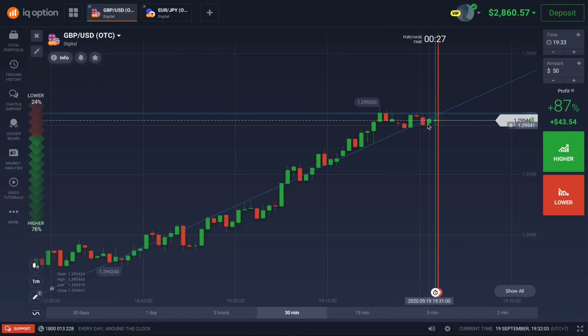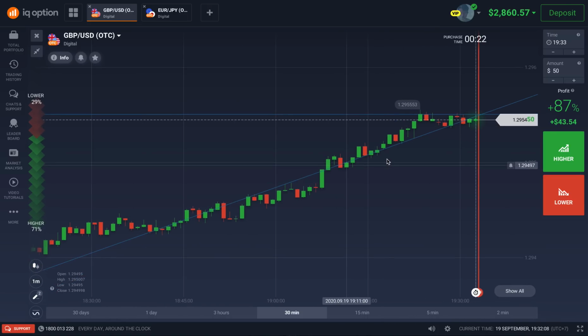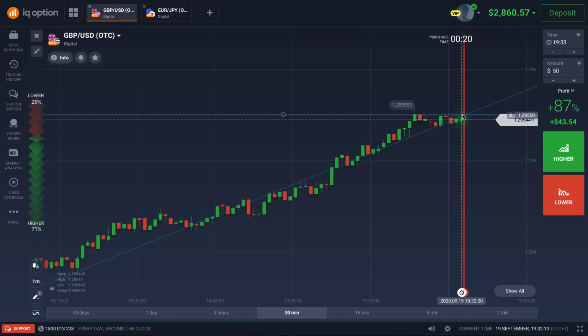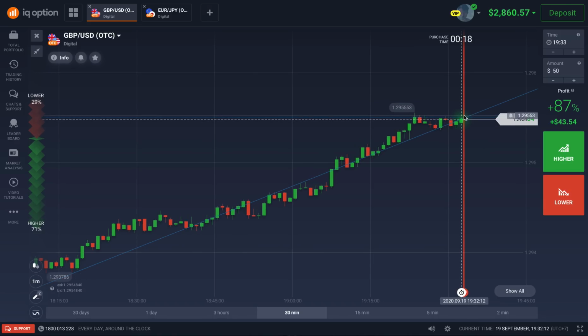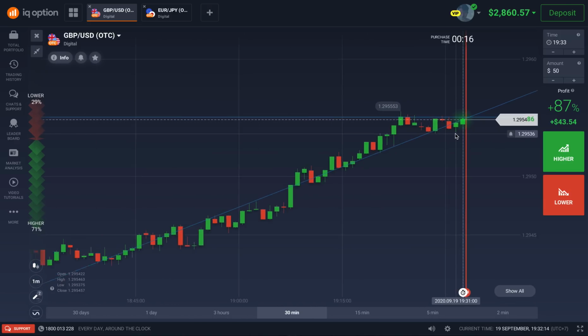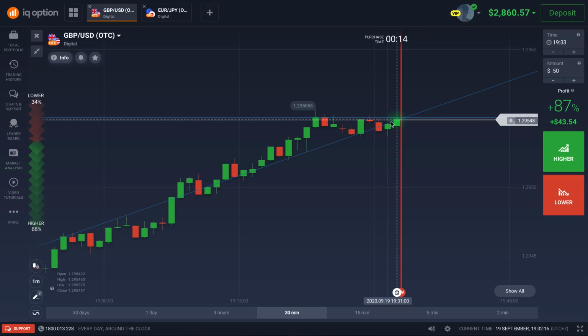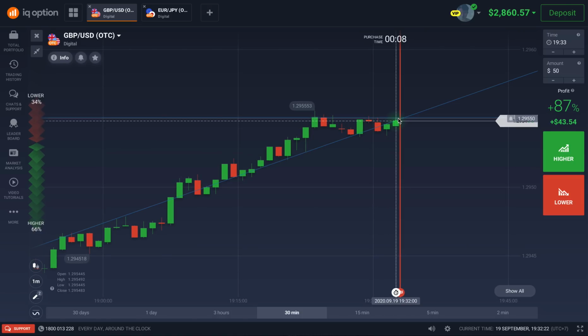Is it possible to change? Not yet. We need this one to go up higher, or maybe break this high level. We want this candle to break this high level, then we can go to the high.